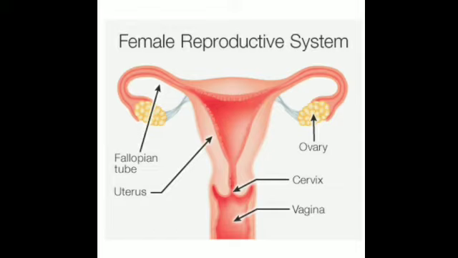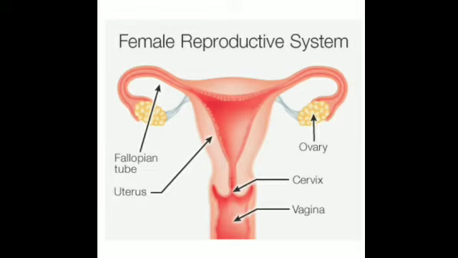Then the uterus opens into a wide muscular tube which is called the vagina. Is it clear? It opens outside the body. So you can see, this is the uterus and this is the vagina. And after this, what is there?